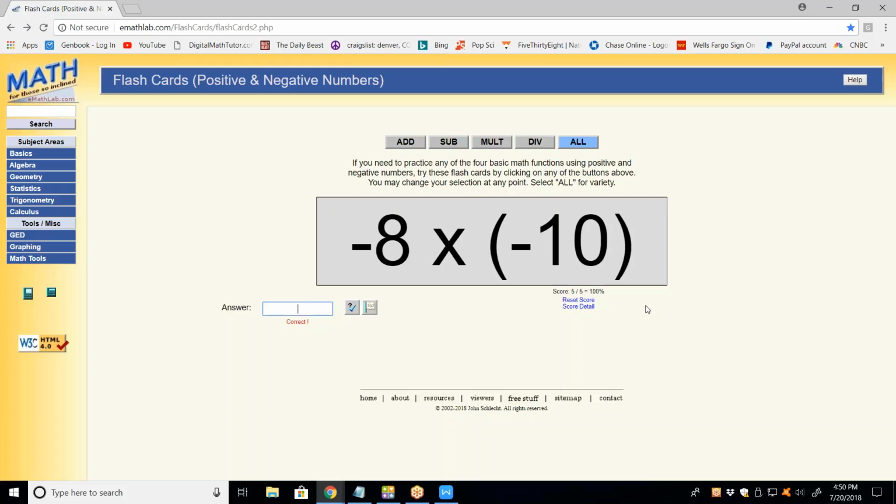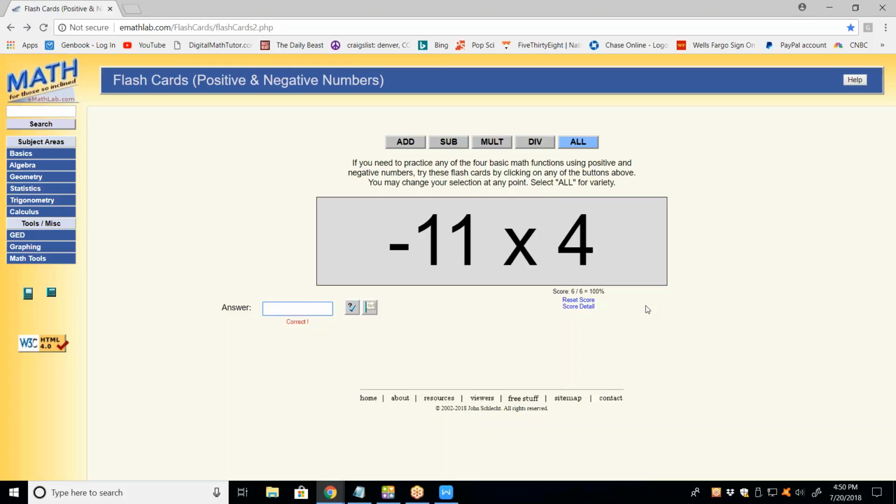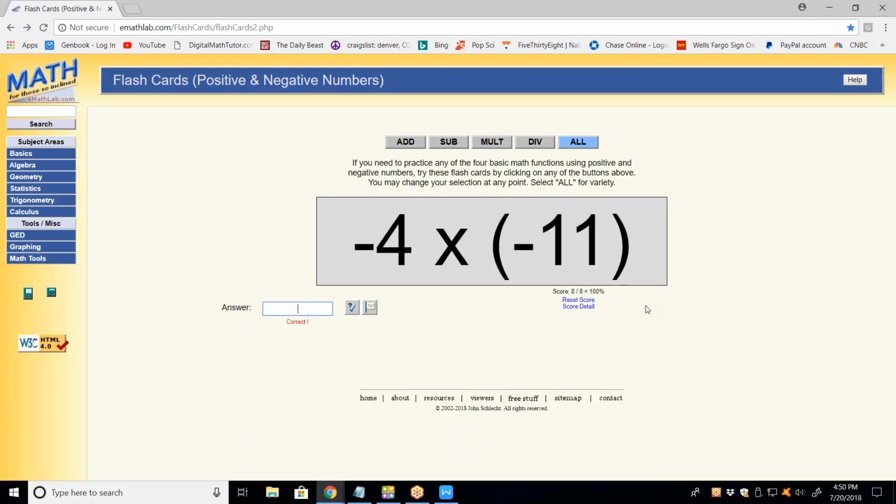0. Sign first. Positive 80. Sign first. Negative 44. Is it -2? Good. Sign first.